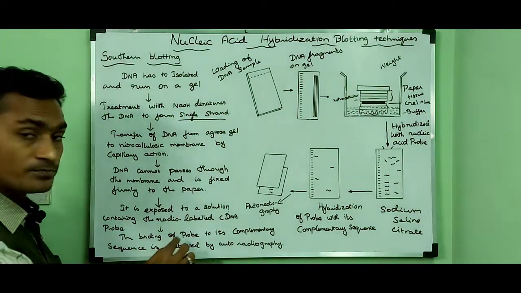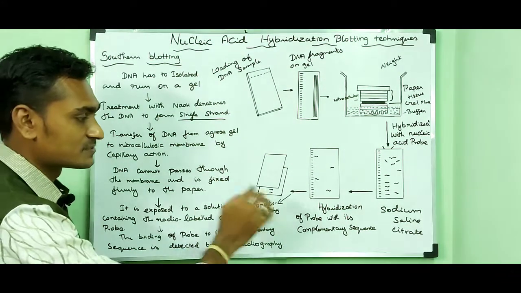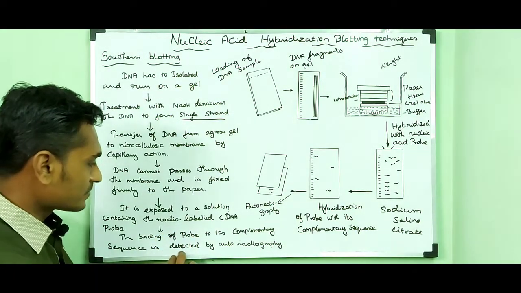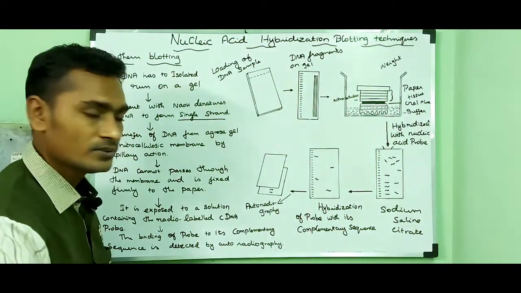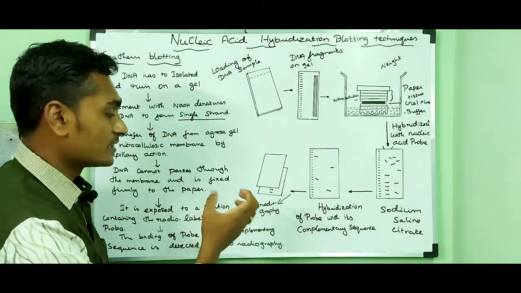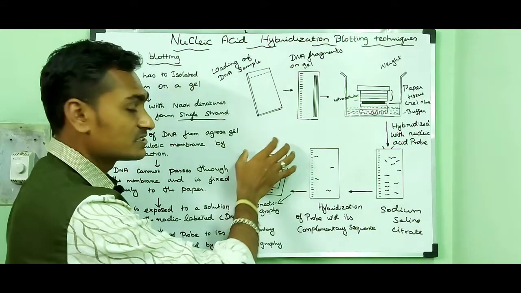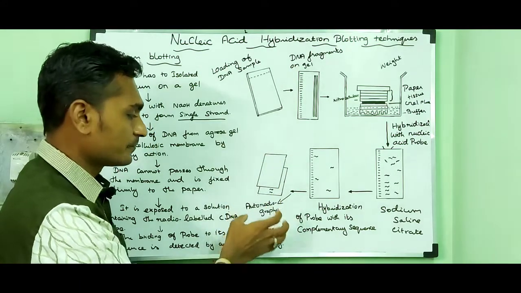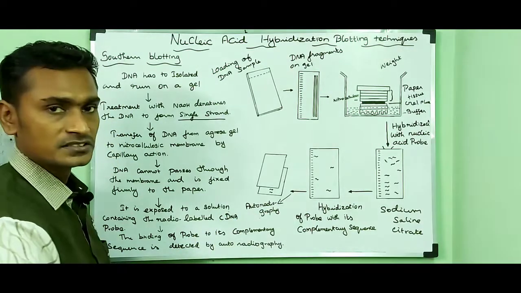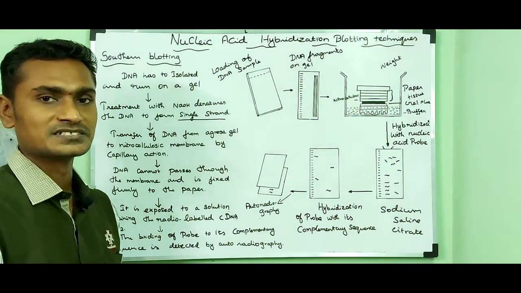So the binding of the probe to its complementary sequence, the hybridization process, takes place. This is detected by autoradiography. So the hybridized DNA is identified with the help of autoradiography. That means by using X-ray we can identify the DNA molecule, that is the molecule of interest.